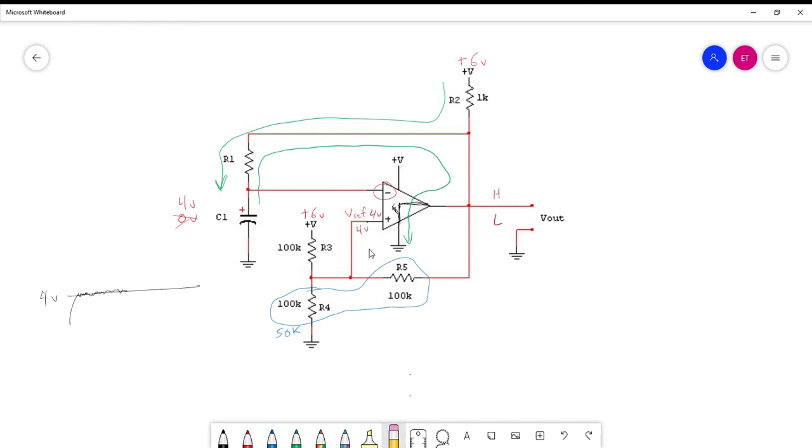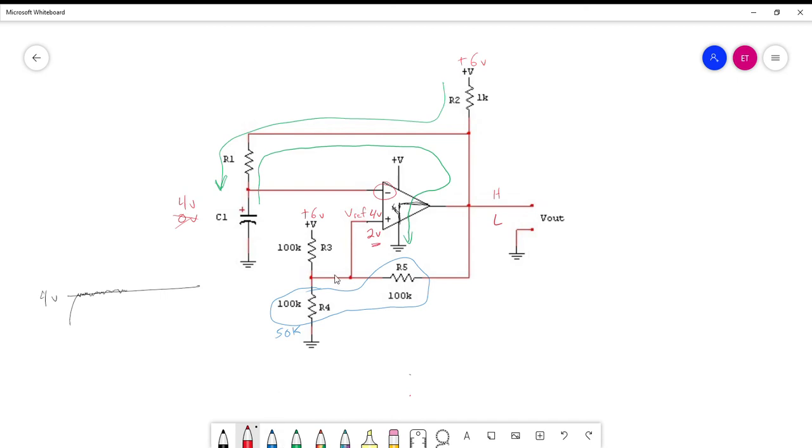And now the new reference voltage when the output goes low is only 2 volts. And this is perfect because now the capacitor has to charge up to 4 volts. As soon as it goes over 4 volts, it starts to discharge, but it has to go all the way below 2 volts.